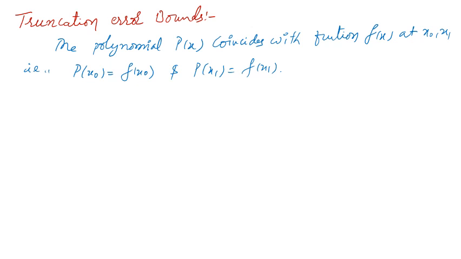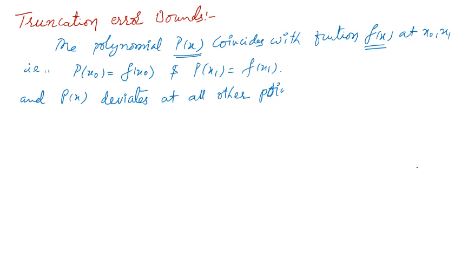So at these points x0 and x1 there is no error. P of x is what? The approximate polynomial. f of x is what? The original function. And P of x deviates, meaning there is a difference, at all other points from f of x.